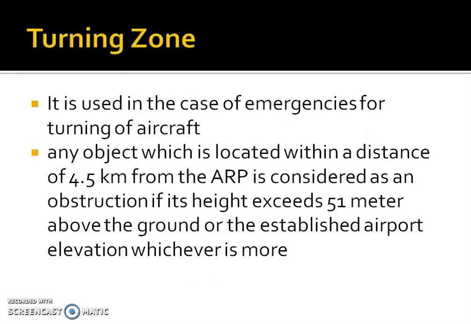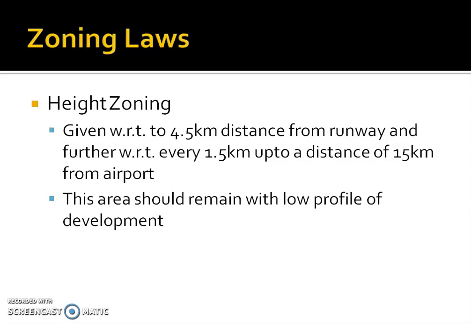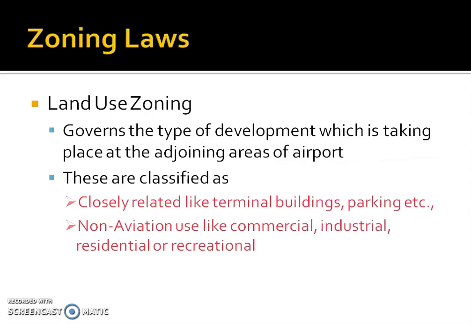And in the turning zone also, in case of emergency, how much space is required for the aircraft. Beyond 4.5 kilometers only, the growth of society will be permitted. After 15 kilometers only, the permitted height of structures will be around 150 meters. Height zoning starts from 4.5 kilometers and extends up to 15 kilometers.